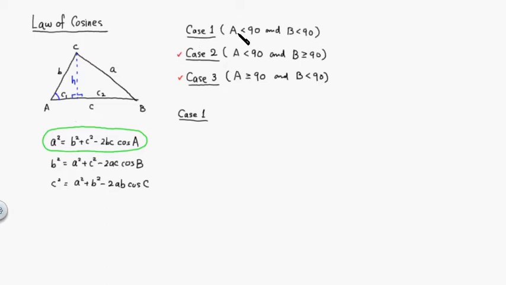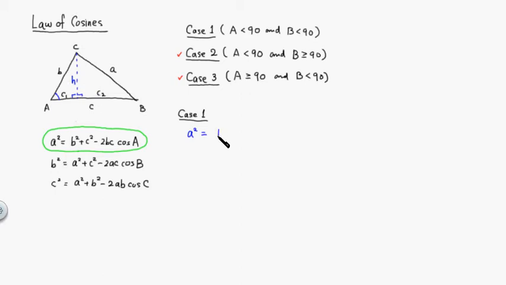So A and B are acute angles. We have to start with the left hand side, so let's start with a squared. Using the Pythagorean theorem, a squared can be written as h squared plus c2 squared.